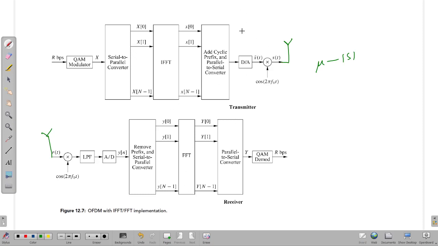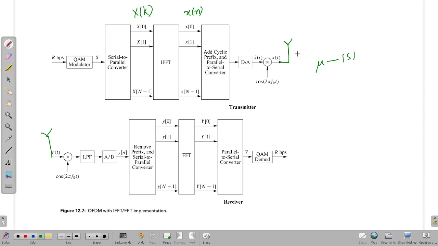So at this point you have the frequency domain X of k, where k is from 0 to n minus 1. At the transmitter you have in general x of n, where n varies from 0 to n minus 1, and with the addition of the cyclic prefix, some additional terms are added to it.